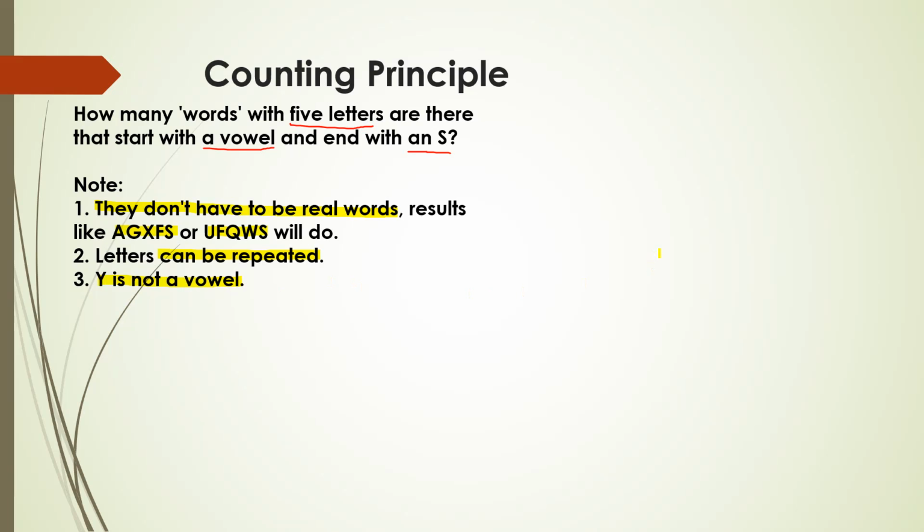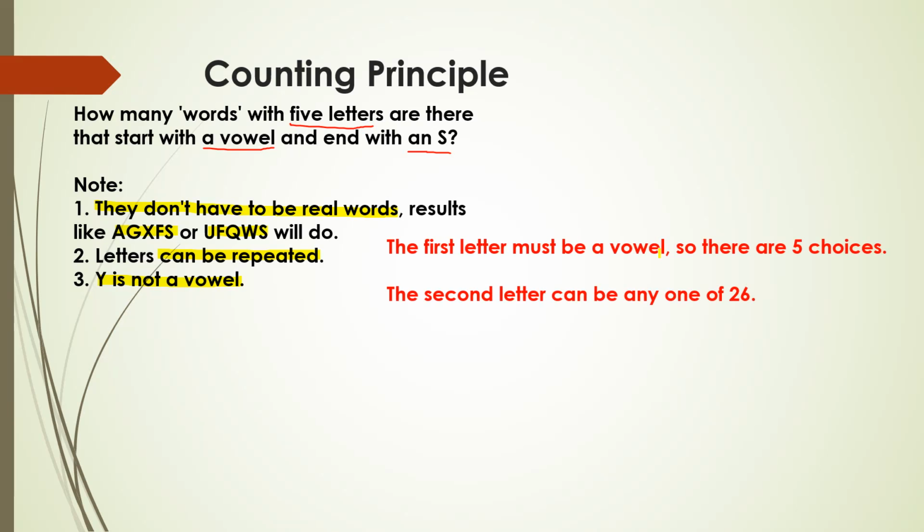Okay, let's have a look. So how many words with 5 letters that start with a vowel and end in an S? The first letter must be a vowel. So there's 5 choices of letters, A, E, I, O, U. The second letter can be any one of 26, so any vowel or consonant.